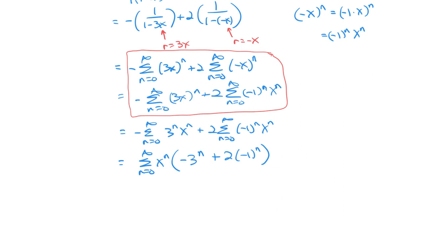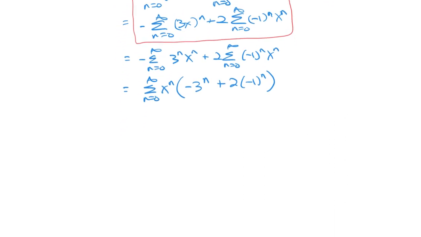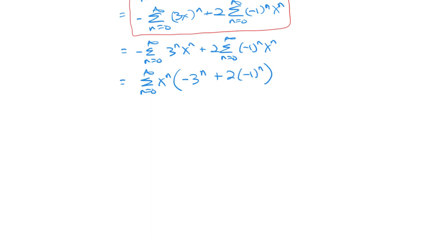But then they're also going to ask us for the interval of convergence. In this case, we've got two series, and we need to make sure that our interval of convergence works for both of them. One of these series has this r, the other one has this r. So to find the interval of convergence, we need to consider both of these. Let's look at both of them. One of them is r equals 3x.